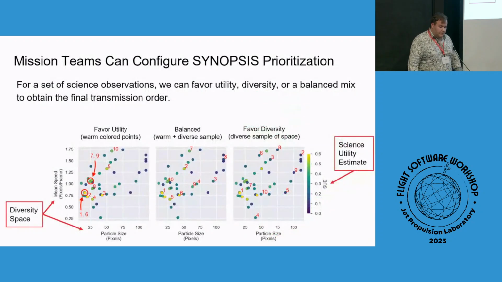These are mostly for people to look at after the fact. I just wanted to include them, but each of these different plots shows a different flavor of utility. On the left, you have diversity, where you're prioritizing diversity. On the right, you're prioritizing raw science utility. And in the middle is a balanced scenario. You could think of this as a slider bar on the ground. As your mission evolves, you can change your prioritization regime. Maybe in the beginning, you want to see a little bit of everything.